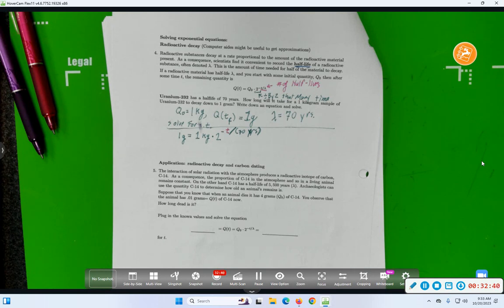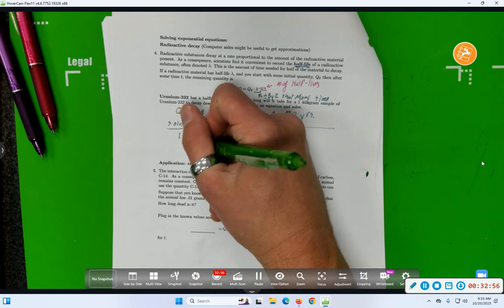Are the units of mass consistent? Are they close to being consistent? Should I work in grams or kilograms? Let's work in grams. What's 1 kilogram? 1,000 grams.